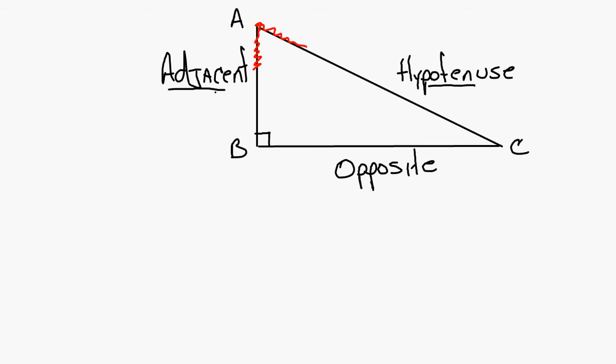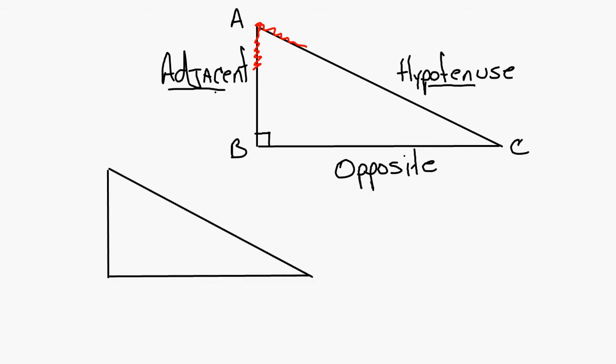So let's get another triangle right here, and we're going to talk about angle C for a second. Same triangle, ABC. It's a right triangle. Sides in relation to angle C: side AC is still the hypotenuse.